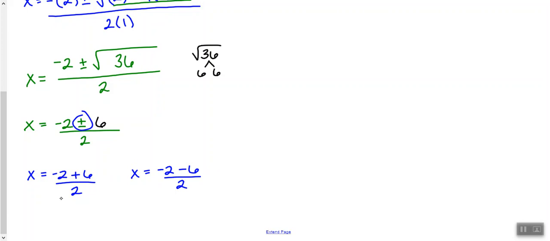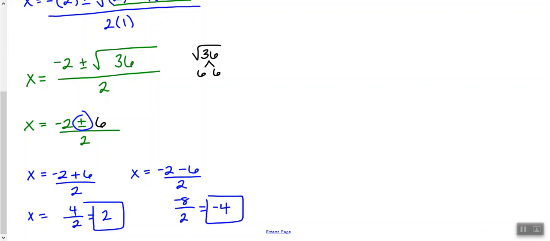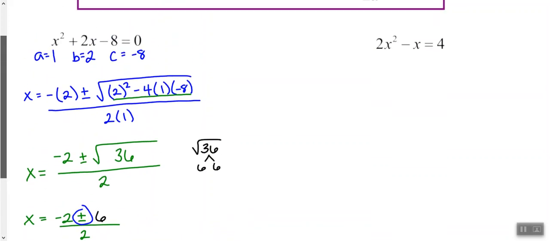Negative 2 plus 6 gives me positive 4 over 2. So 4 divided by 2 is 2. And then my second answer, negative 2 minus 6, gives me negative 8 over 2. Negative 8 divided by 2 is negative 4, and that's my second answer. So x equals 2 and x equals negative 4 for this first example.